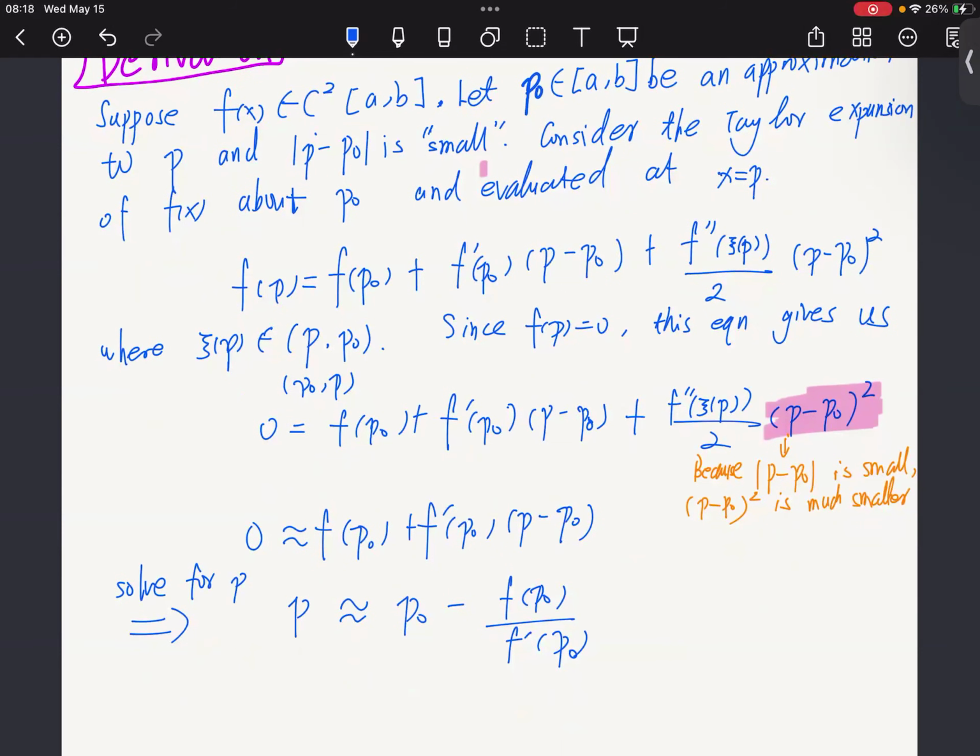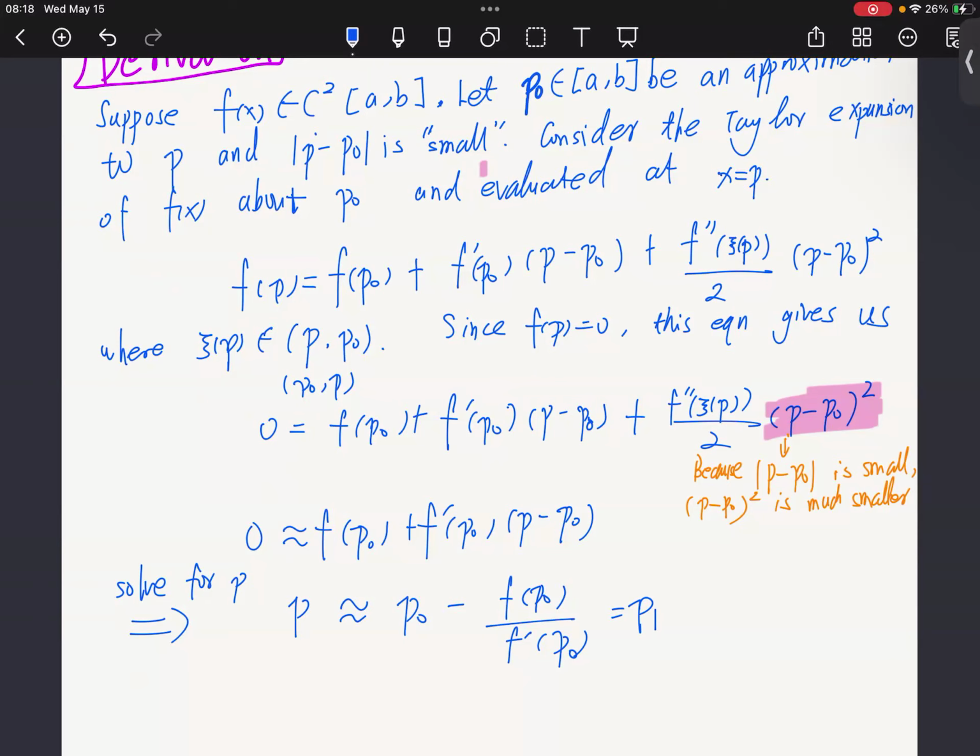And once again, you plug this P1 into the Taylor expansion here, and then this one is just P1, and then P minus P0, P minus P1, and all those things here will give you the next iteration.